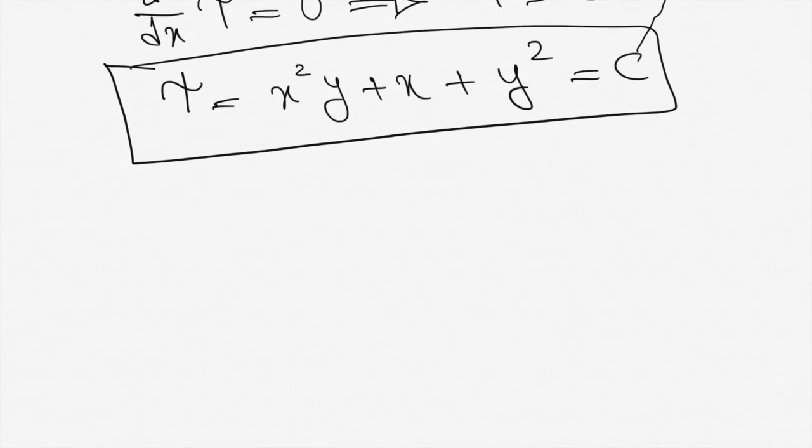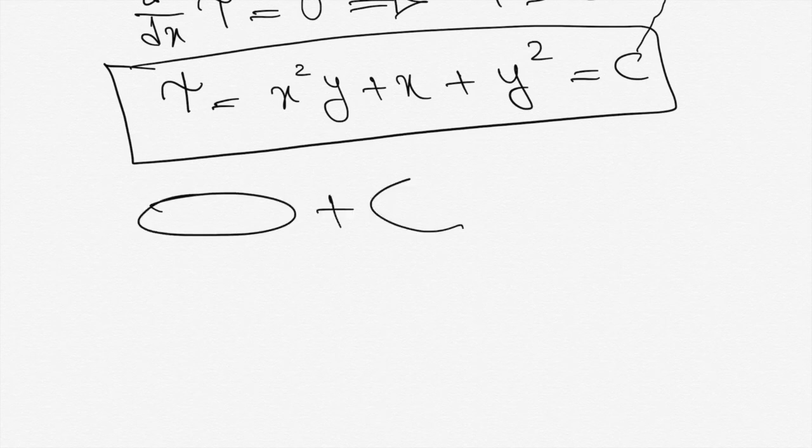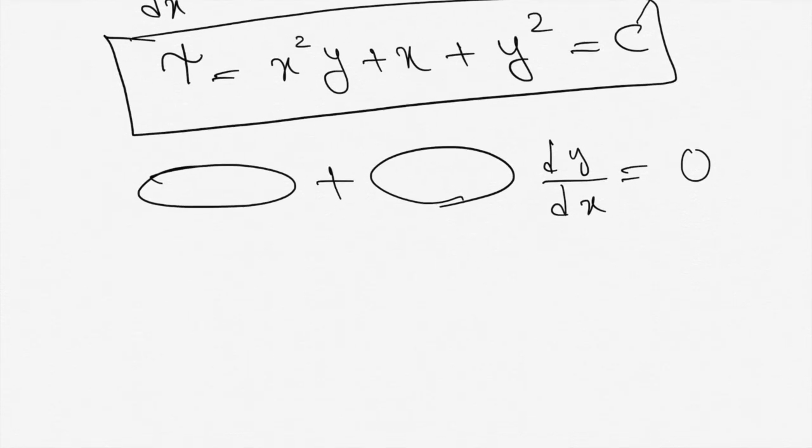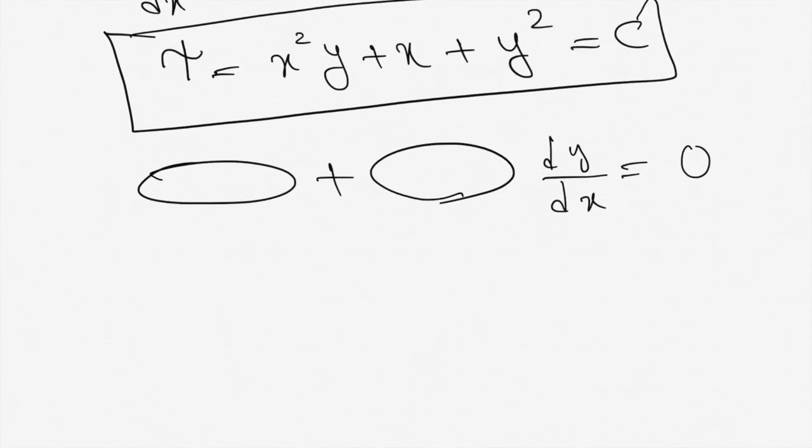If it is not exact, then we have a differential equation form like this, and we check, and this is not exact. Therefore, maybe we can find an exact form out of it.